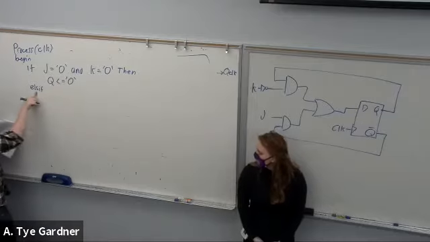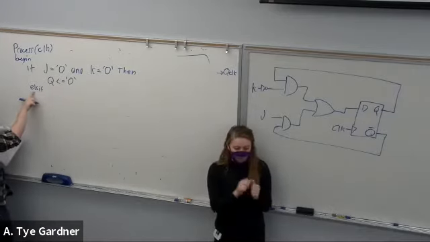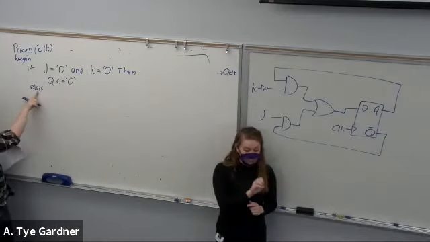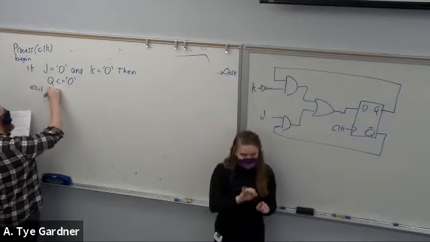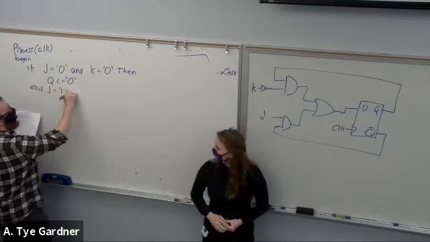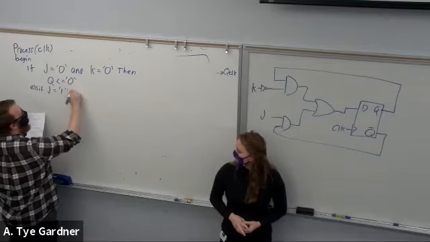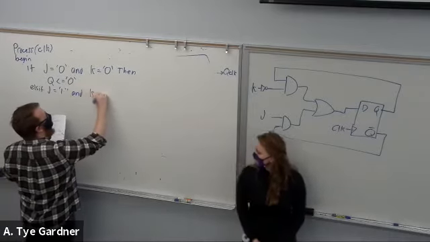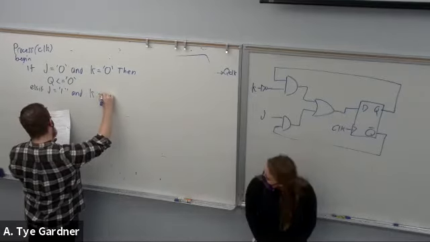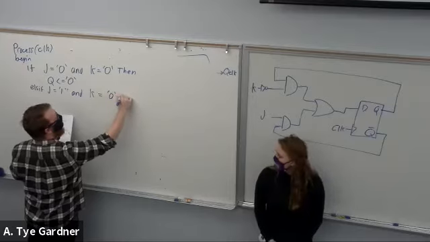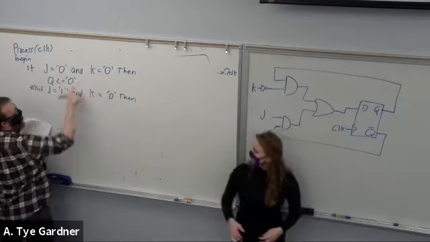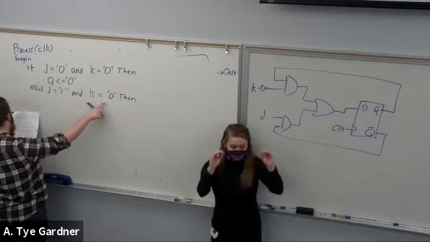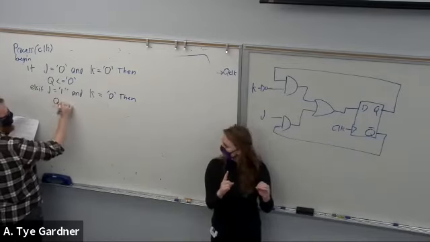Else if, remembering in VHDL, if you have else if, they drop the second E, so it's elsif. J is 1, and K is equal to 0. Then, well, so here's our 0, 0. Here's our 1, 0. So that is set.